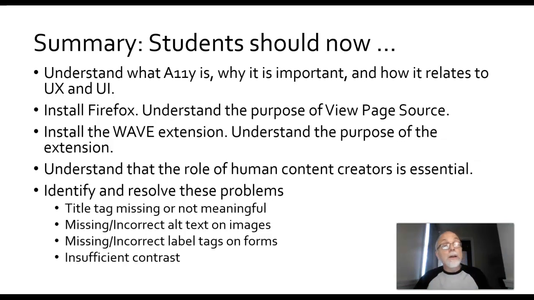Okay. You should install the Wave extension and you should know what that's for, and I'll demonstrate that in a minute. But generally, the Wave extension is what alerts us to accessibility problems. You should understand that your role as the human content creator is essential, right? Because even automatically generated descriptions of images may be lacking or maybe too long or maybe inadequate.